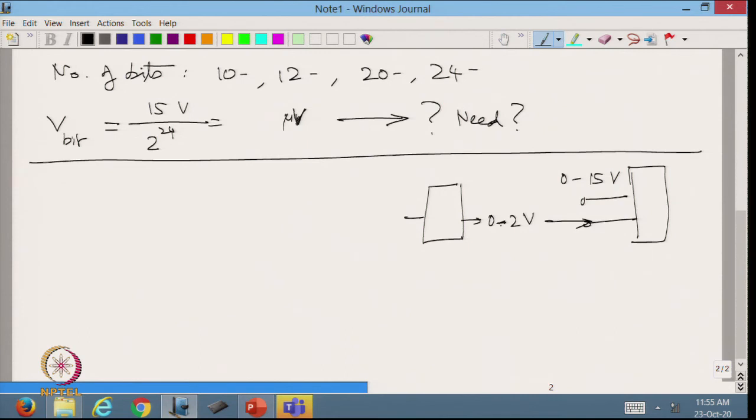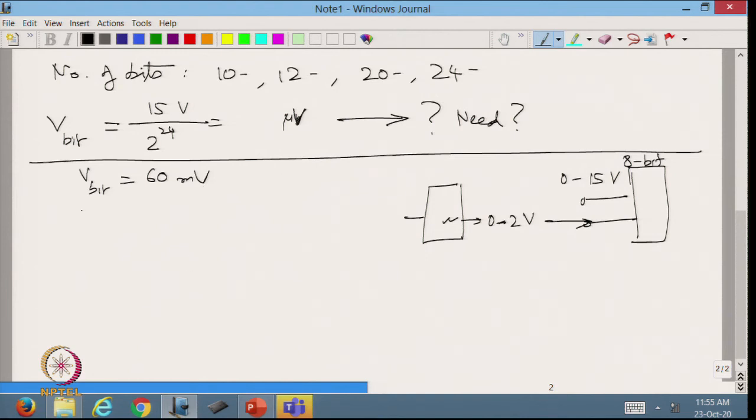So, here is what happens. First, our ability to discriminate this signal or to refine and get the accuracy on this is limited by the fact that, say, if this were an 8 bit converter, we just saw V bit to be 60 millivolts.